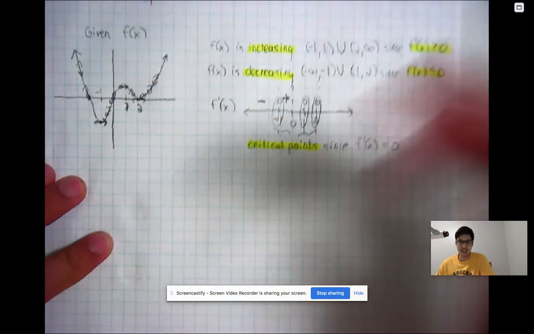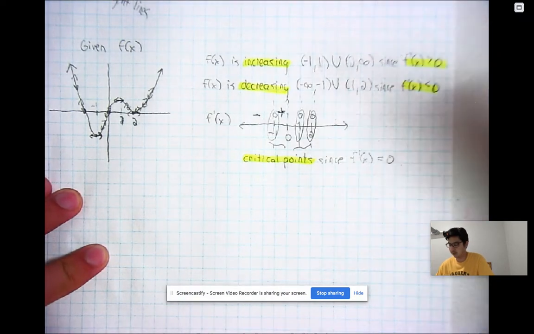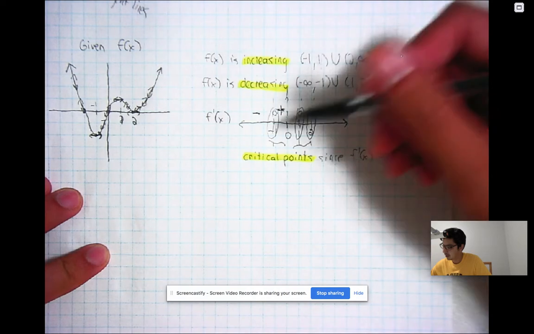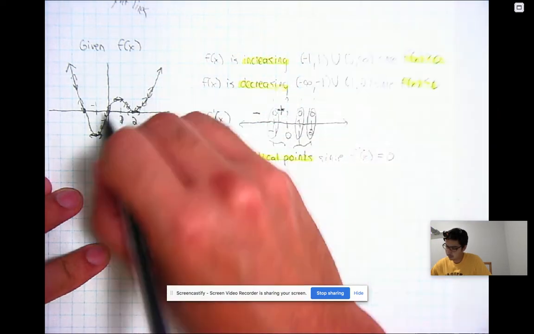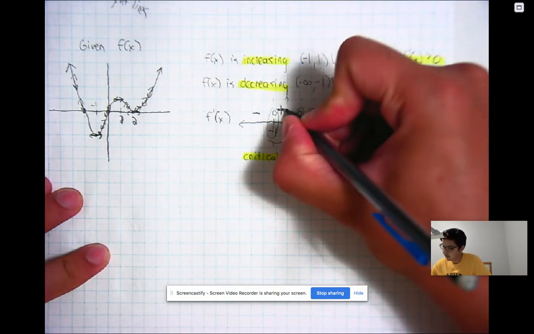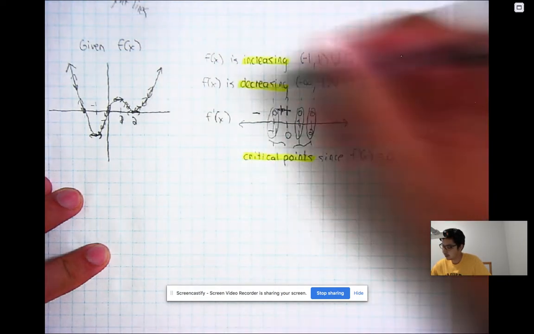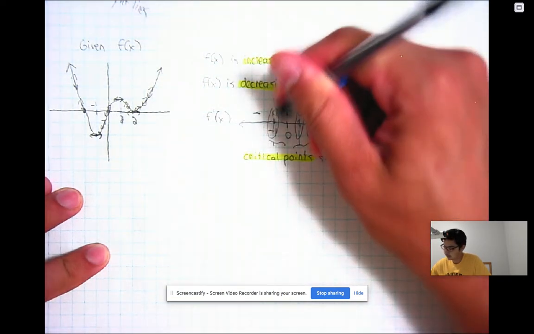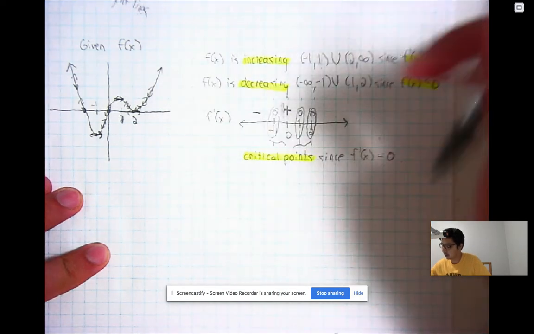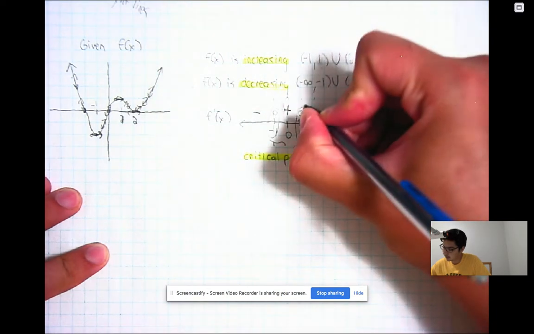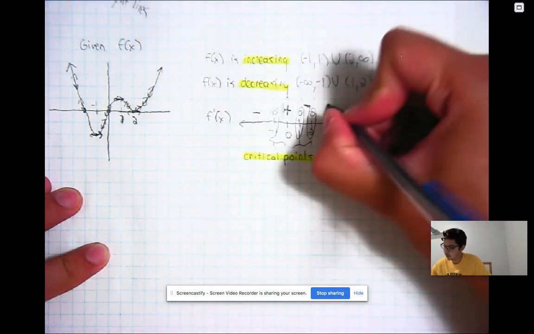Usually it won't get as messy as this, because I'm not circling and drawing dashed lines, I'm just doing negatives and positives. It's positive on the whole interval from -1 to 1. See, I already got lost. 0 was not a critical point. Between 1 and 2, the slope is negative, and after 2, the slope is positive.